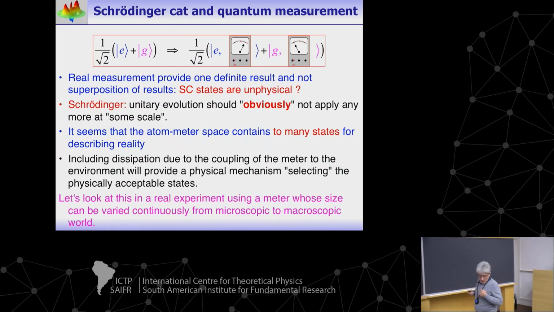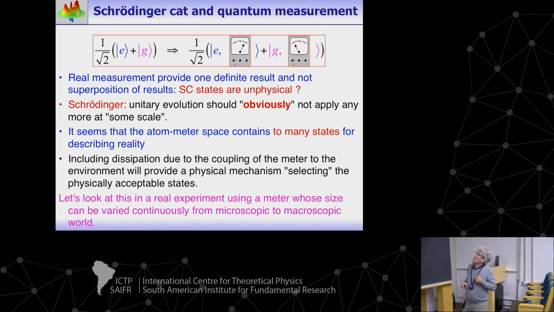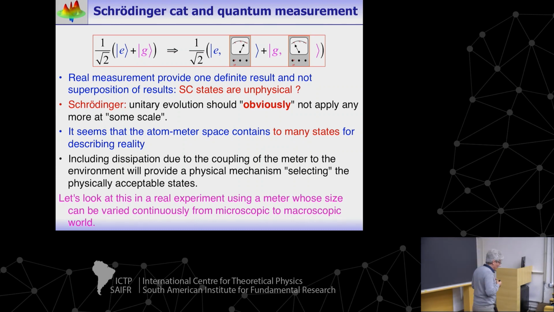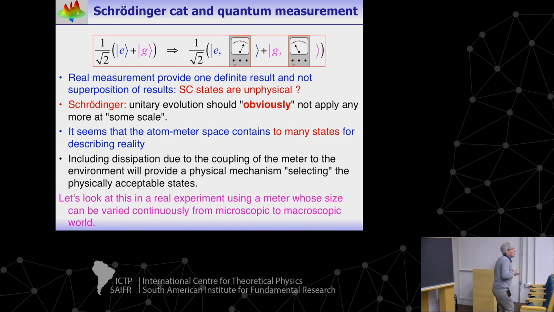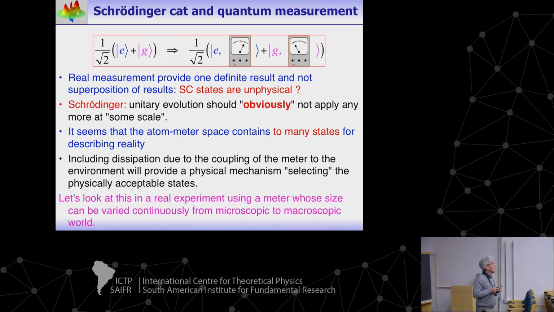So let me add a few comments about these states, indeed, about this statement that Schrodinger cat states are unphysical. What I would like to mention is the answer of the founding father of quantum theory, because Schrodinger presented the example of the Schrodinger cat not as an internal contradiction of the quantum theory.